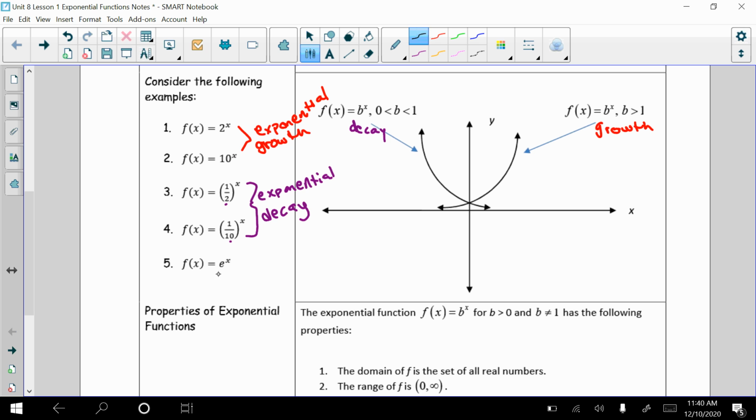Okay, and that would be your parent function here. We'll also be dealing with e, which is a number value similar to pi. So pi, recall, is 3.14159, and it just keeps going. e is also a numerical value. You can find the e button on your calculator, and even more specifically, e to the x power is often on your calculator.